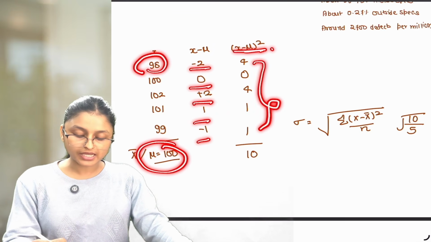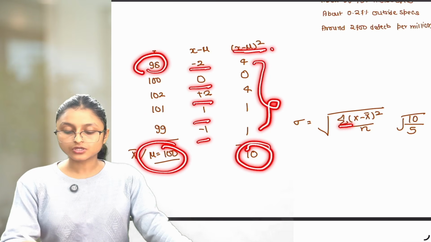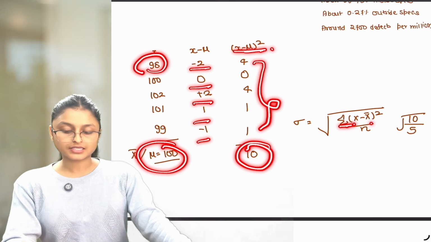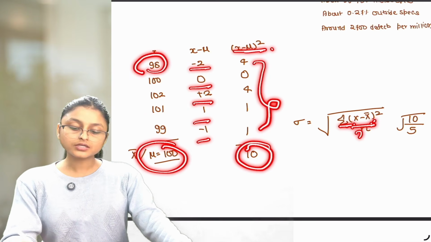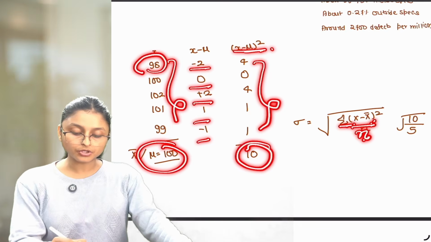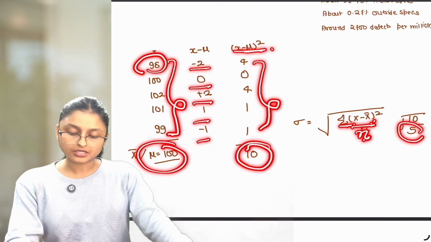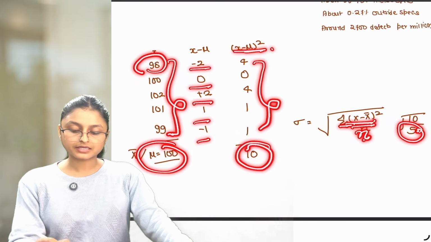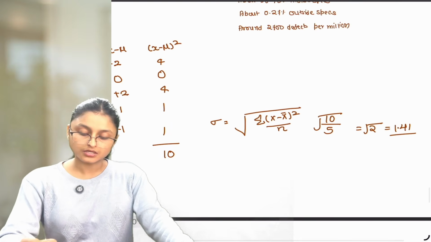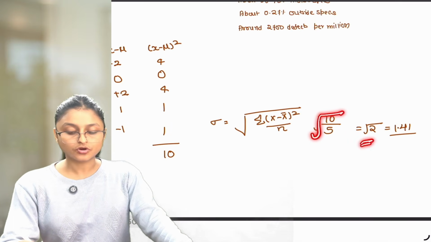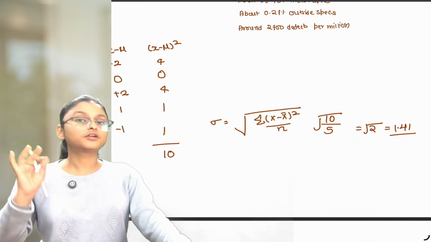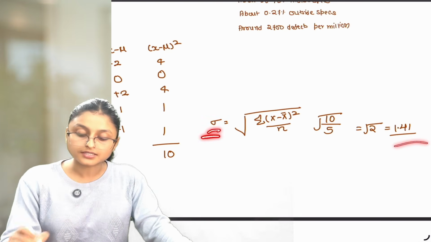After squaring, we'll calculate the total of it, which is denoted by sum of (x minus x bar) whole square upon n. N is the number of outputs which you have taken. So we have taken 5 outputs and the sum of (x minus x bar) square is coming to be 10. Then you calculate the root of it, which is coming to 1.41. This is how standard deviation is calculated.